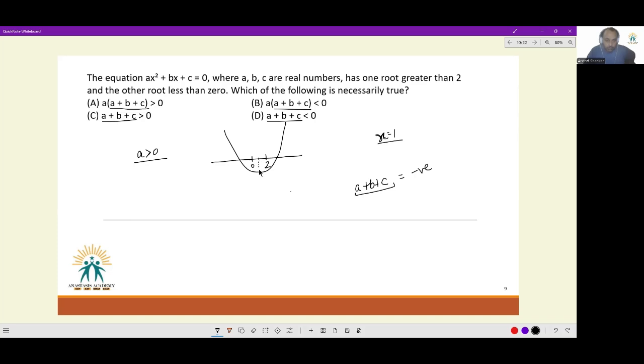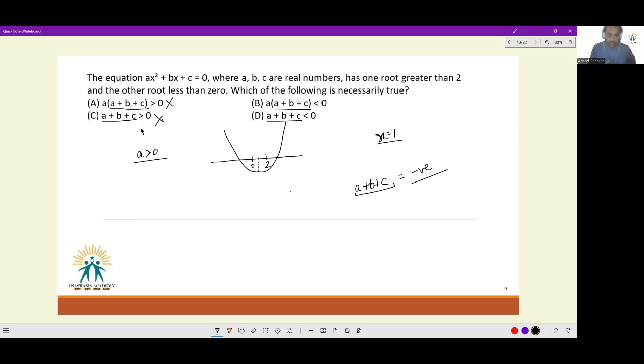At x equal to 1, this function returns a negative value. So A plus B plus C is negative. We can be absolutely certain. But if A is greater than 0 and A plus B plus C is negative, even option B is true. Option D is true and option B is true. Options A and C we can eliminate at this time.